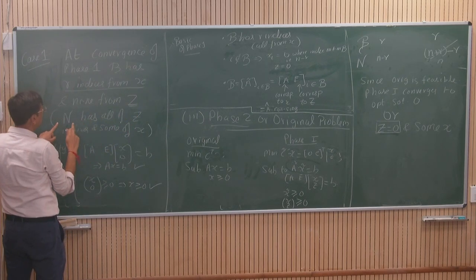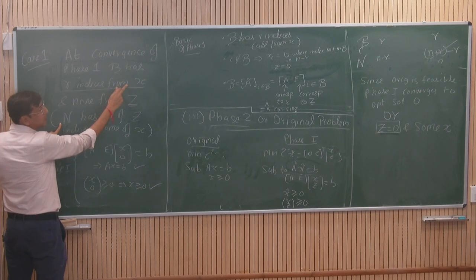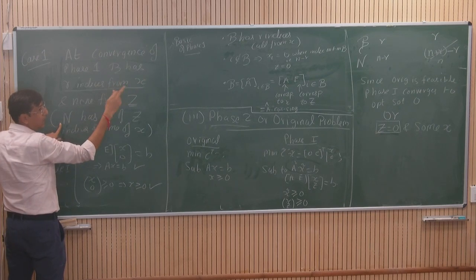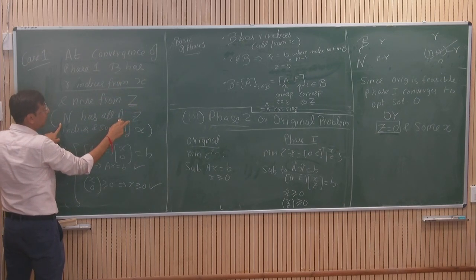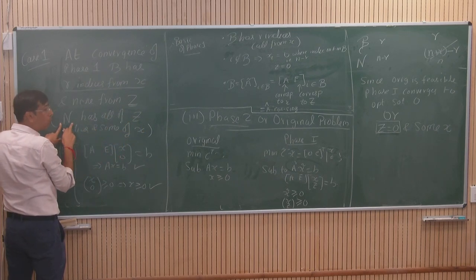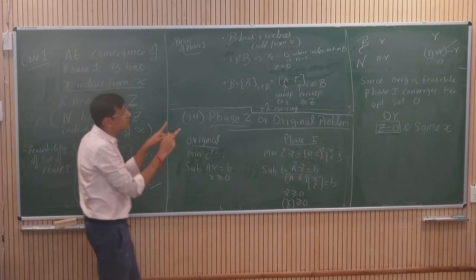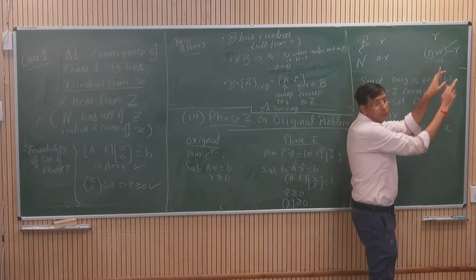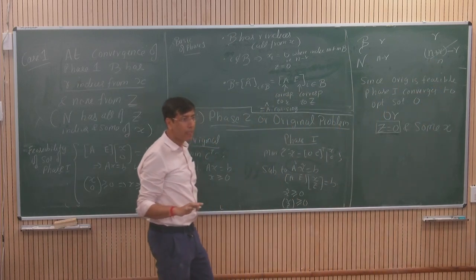Okay, so which means that some of the elements from the X, which is N minus R, and the elements of Z, which are R, which is a total of N, will go in the N set, which matches this, which says it's N. Everybody with me?